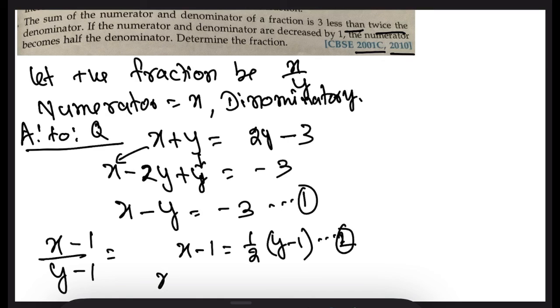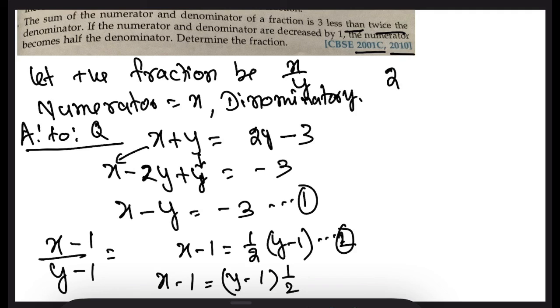Got it? So x minus 1 equals y minus 1 into half. We shall bring this half to the other side.